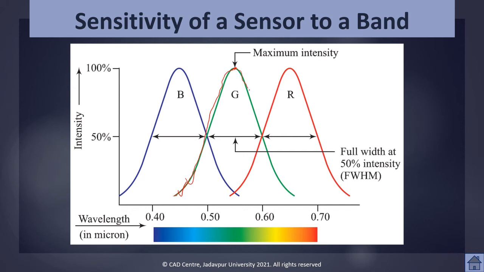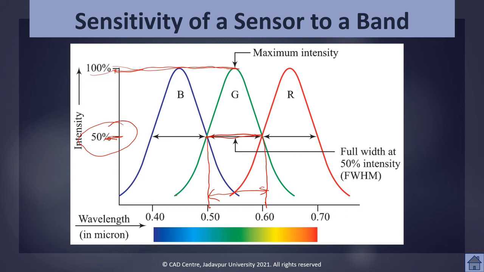and then it goes back down again. Now, what is the maximum intensity? We can get maximum intensity over here. So, if we consider this one as the 100% intensity, then this is the 50% intensity. We can measure the width at the 50% intensity, and this width is basically the bandwidth of the green band. This is called full width at half maximum.